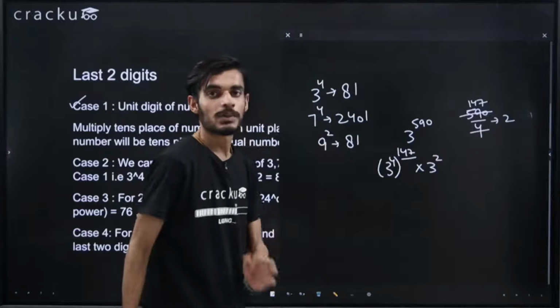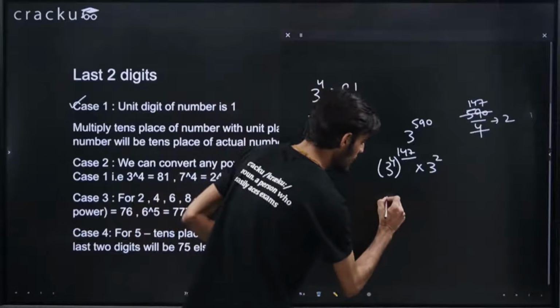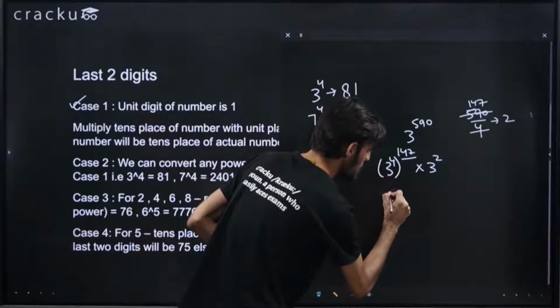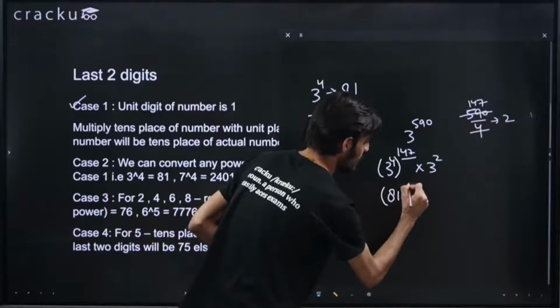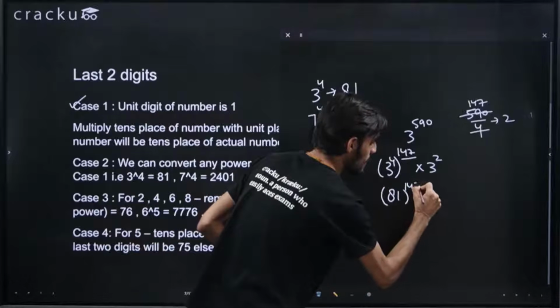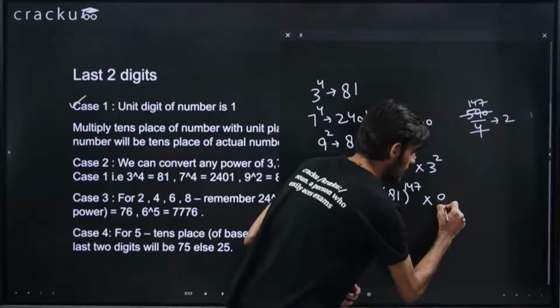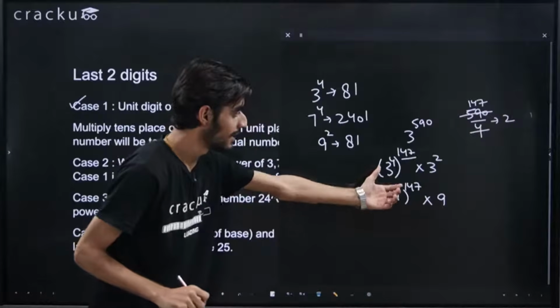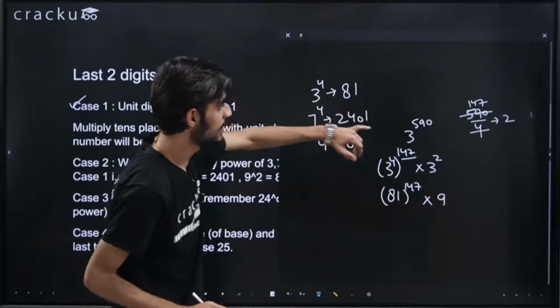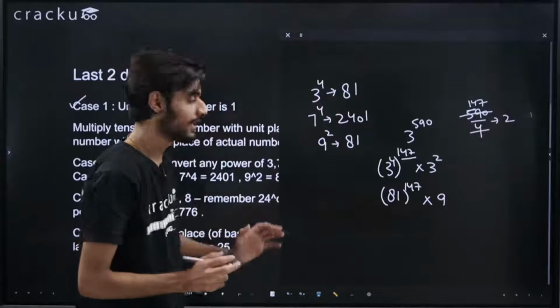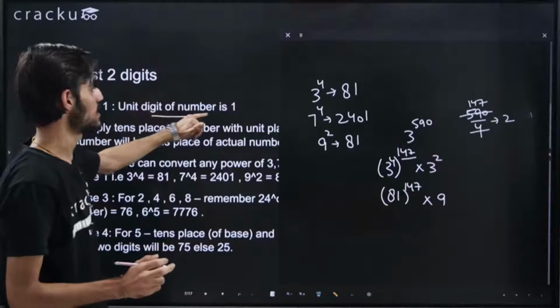We know that 3 raised to the power 4 is 81. So 81 raised to the power 147 multiplied by 3 square. 3 square is 9. So now we have converted 3 raised to the power 590 into a number that is satisfying our first case.